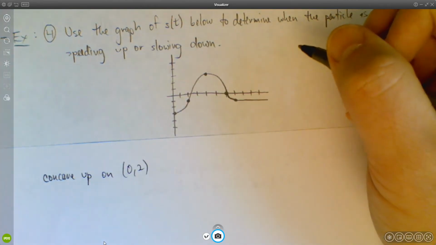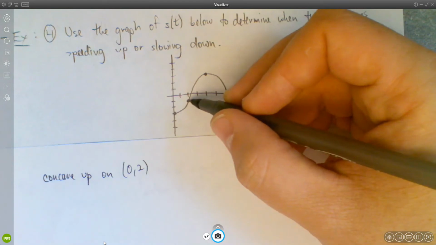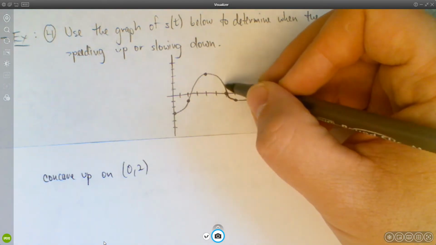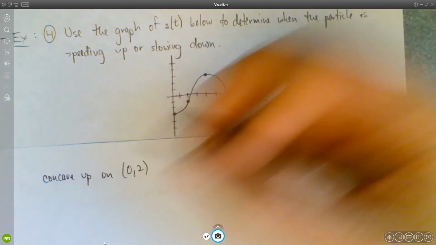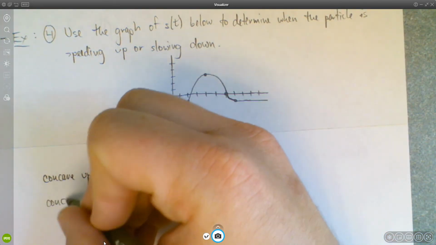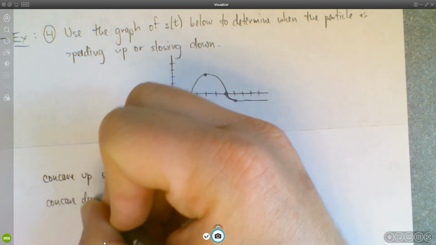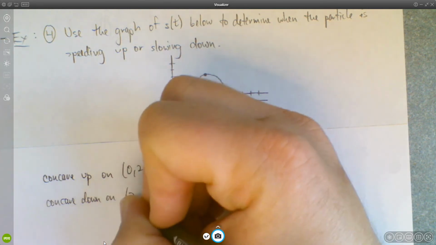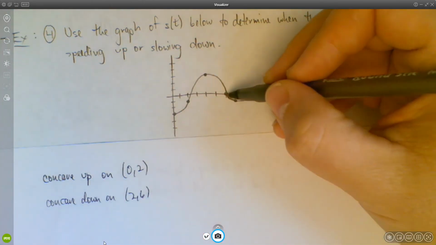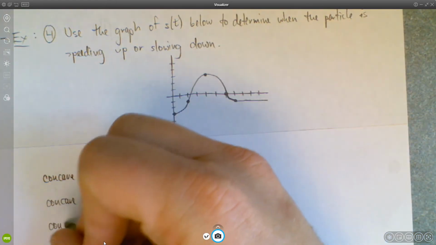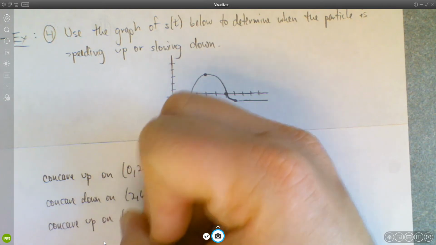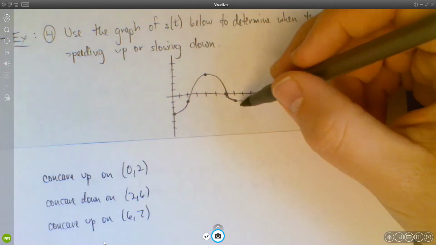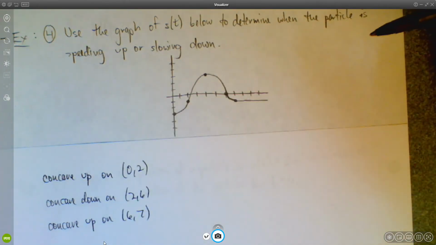We're concave down from 2 to 1, 2, 3, 4, 5, 6. Then we're concave up again from 6 to 7, and then it's just a flat line from 7 on.